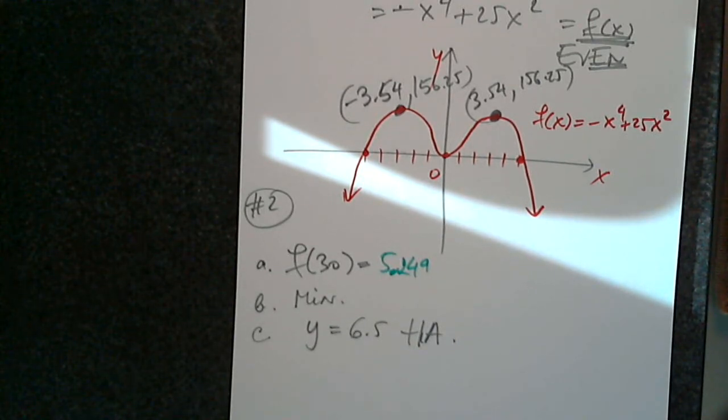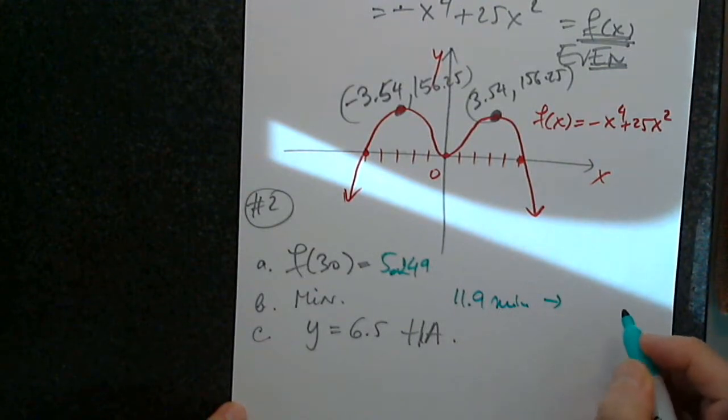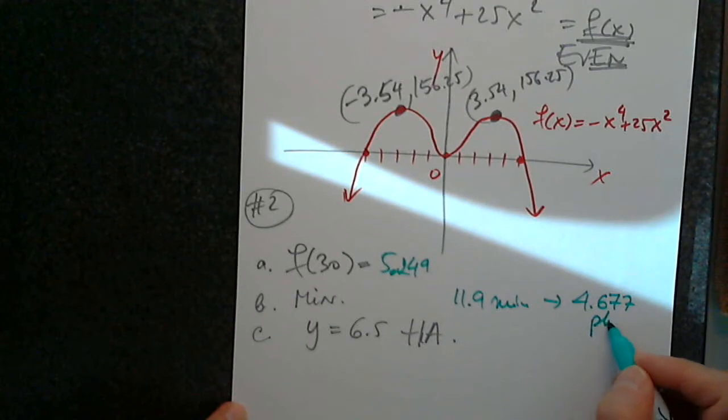The software is not cooperating, or I'm not cooperating, one or the other. Okay, I'm just going to drag it. 11.90. So the minimum is at 11.9 minutes, which creates a minimum of 4.677 pH level.